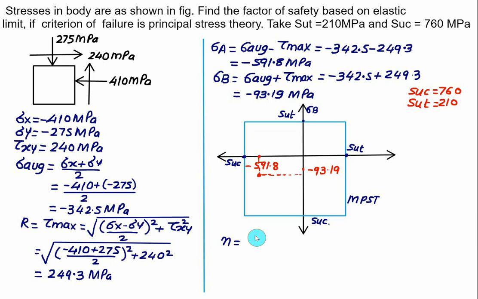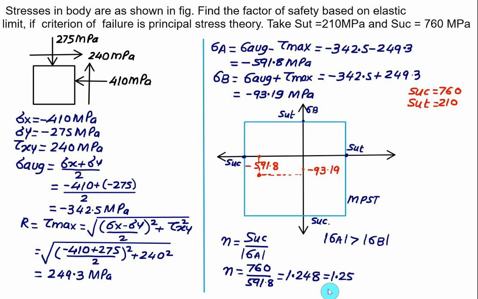The factor of safety will be equal to SUC divided by the maximum principal stress, and this time the sigma A value is higher. The absolute value of sigma A is greater than the absolute value of sigma B. So the maximum principal stress you have to select here is the absolute value of sigma A. In this case, the factor of safety will be equal to SUC, which is 760, divided by the absolute value of principal stress A, 591.8. That is equal to 1.248, or approximately 1.25.